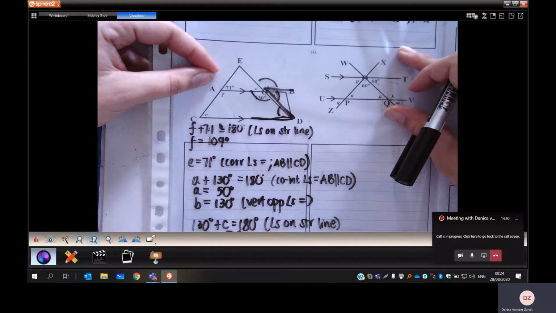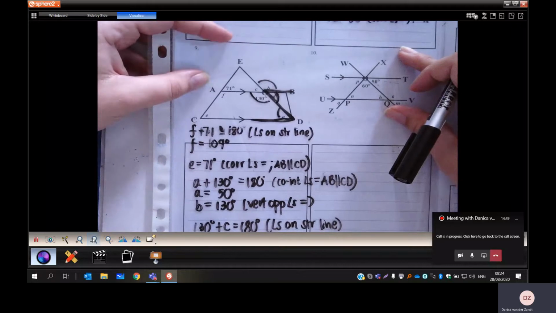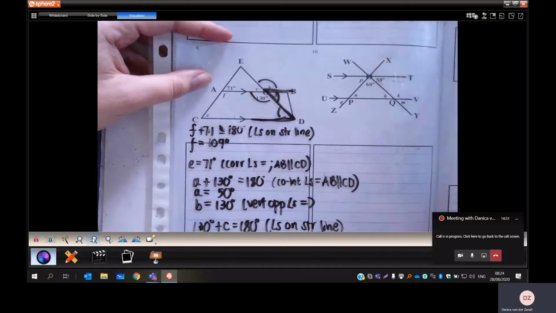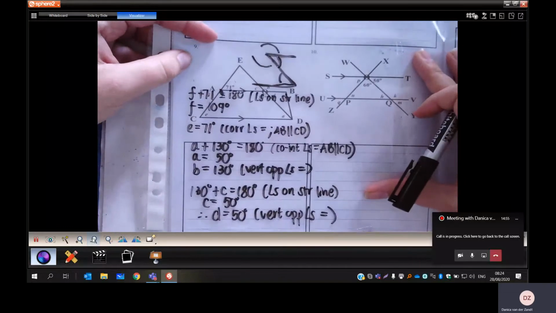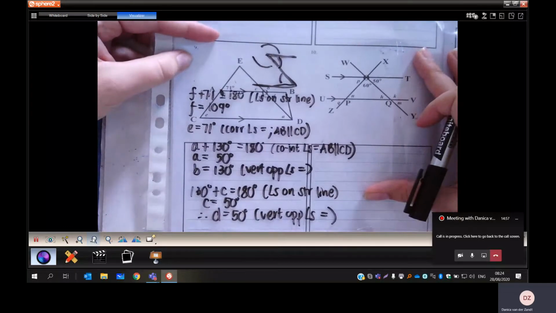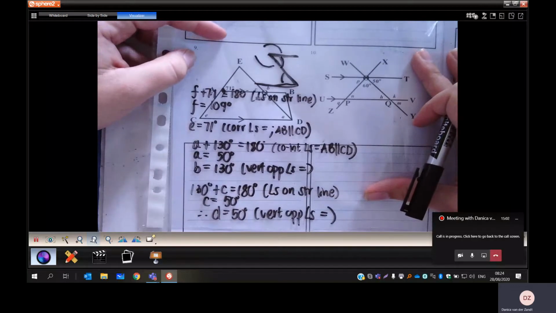Lekona? Not co-interior? Alternate angles. This is why we have to practice so we can actually see them. But the way we did it is perfect. We got the right answers, we just used different tools. The more tools you know and can identify, the easier it will become.